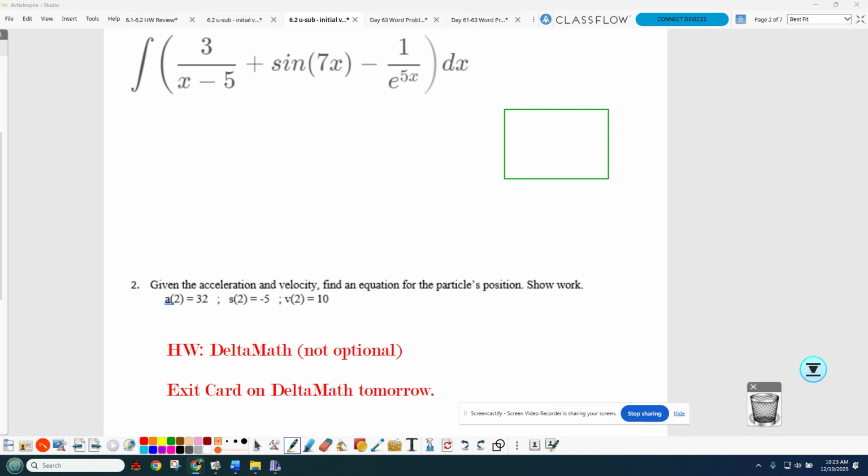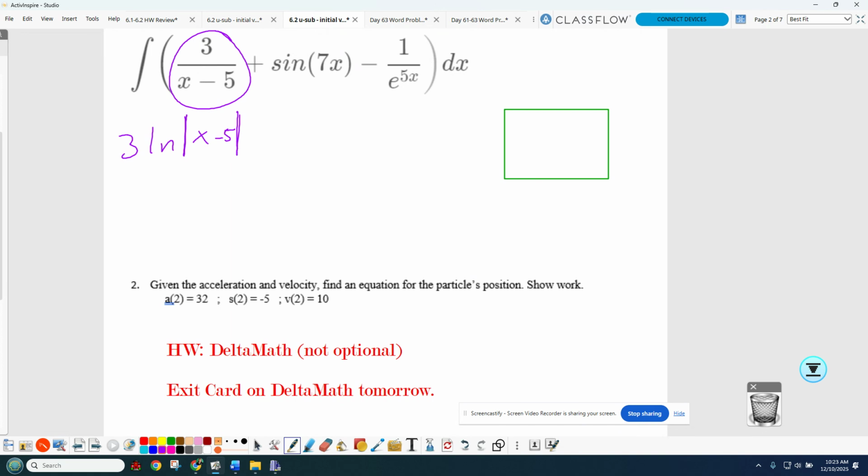So Felipe, this first one, how does that integrate? It integrates to 3 and then x minus 5, absolute value.